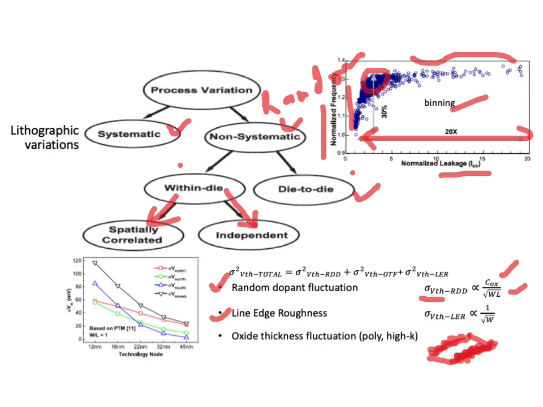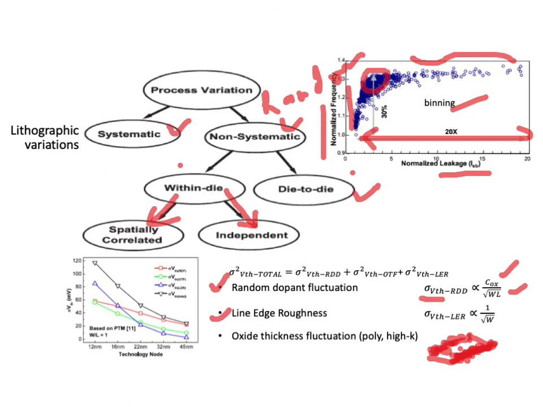It's going to fluctuate because this little area is so small that you can count the number of atoms that make this gate area, this gate surface, and the line edges themselves are no longer straight, they fluctuate. So line edge roughness is inversely proportional to the square root of the transistor width.